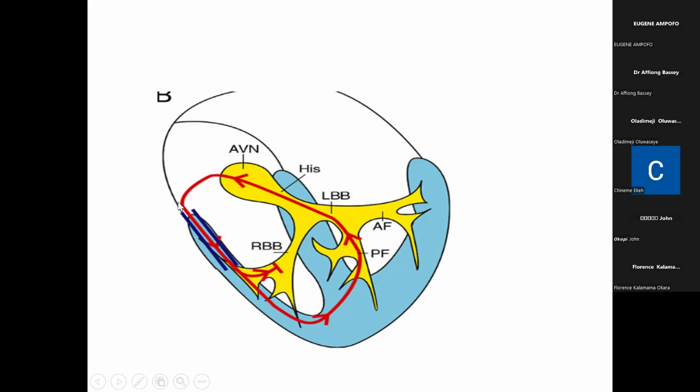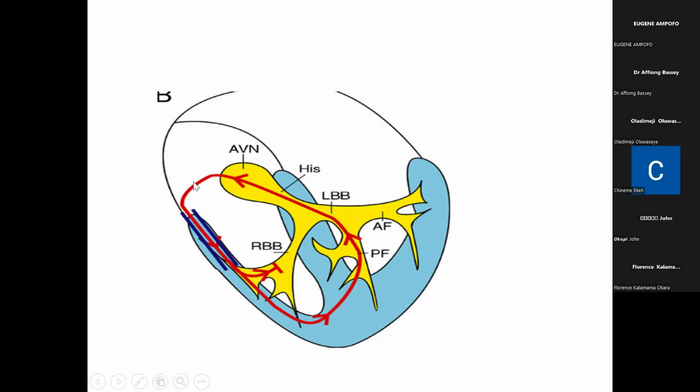It's any other segment of the heart that conducts atrium to ventricle that is outside the AV node. The nature of that tract can be a fast tract or a slow tract, but usually they are actually fast tract.